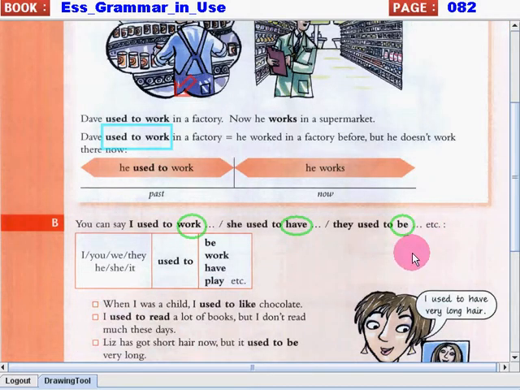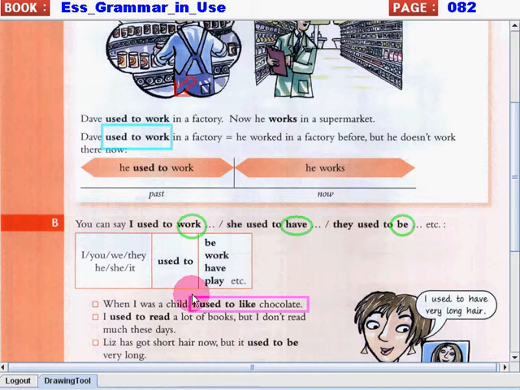Now, let's read the following sentences. "When I was a child, I used to like chocolate." Here, the speaker is saying "when I was a child," so it's already in the past tense.